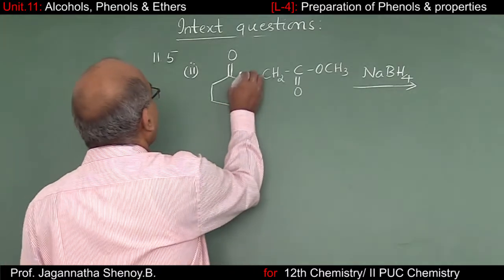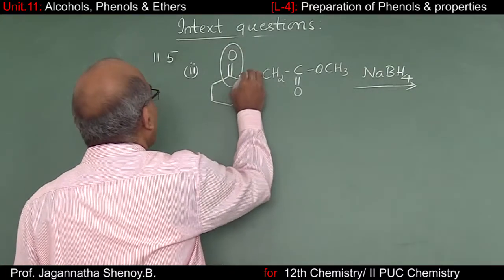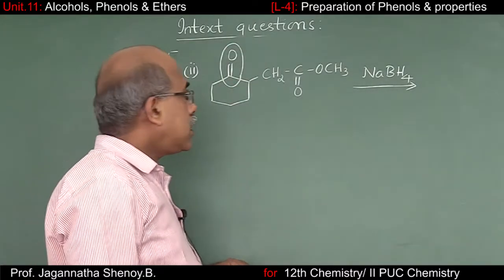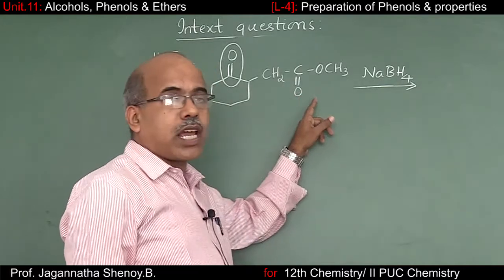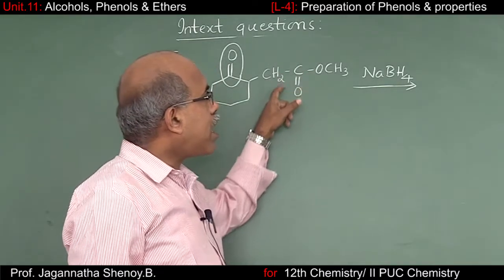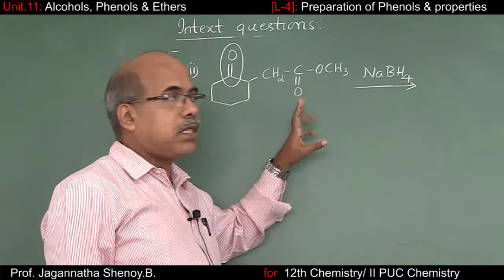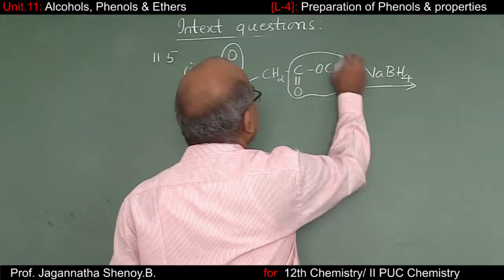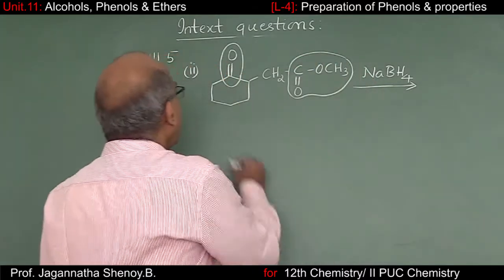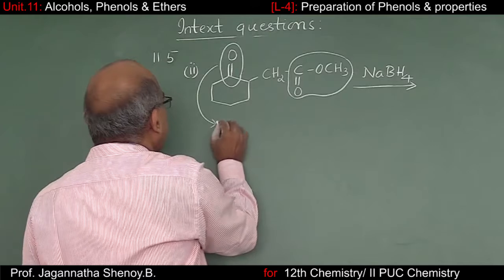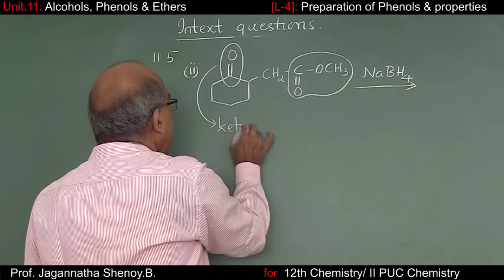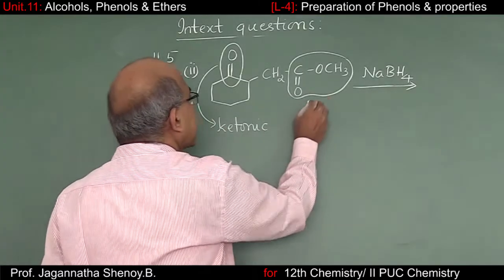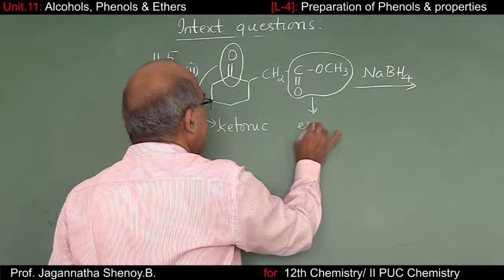You have a ketonic group here, C double bond O. And if you do not observe clearly, this appears to be a carbonyl group. But remember, this is actually an ester group. So here what we have is a ketonic group, and this particular part is an ester group.